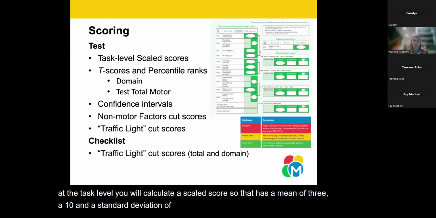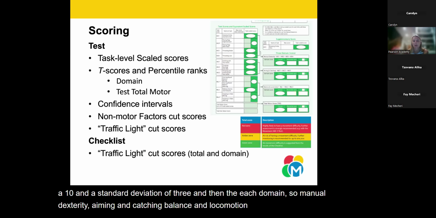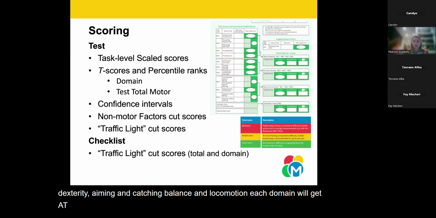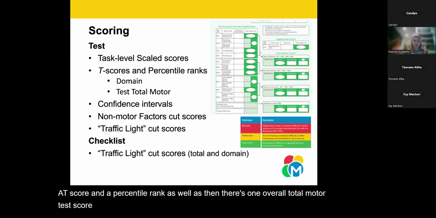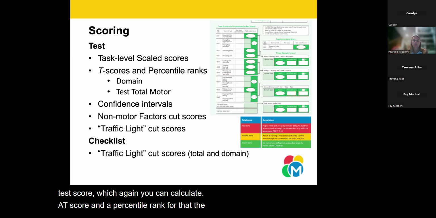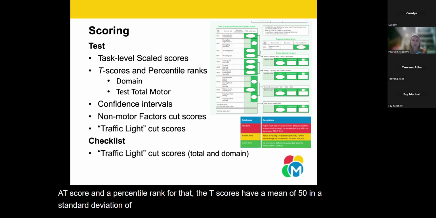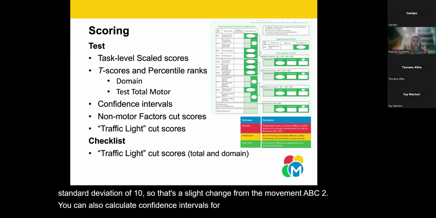And then each domain, so manual dexterity, aiming and catching, balance and locomotion, each domain will get a T-score and a percentile rank, as well as one overall total motor test score, for which you can also calculate a T-score and a percentile rank. The T-scores have a mean of 50 and a standard deviation of 10. So that's a slight change from the Movement ABC-2. You can also calculate confidence intervals for that test total motor score.